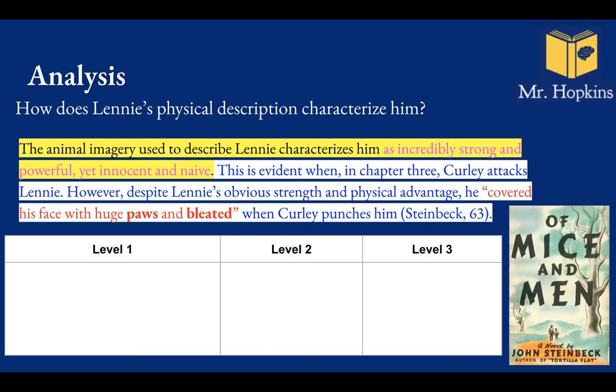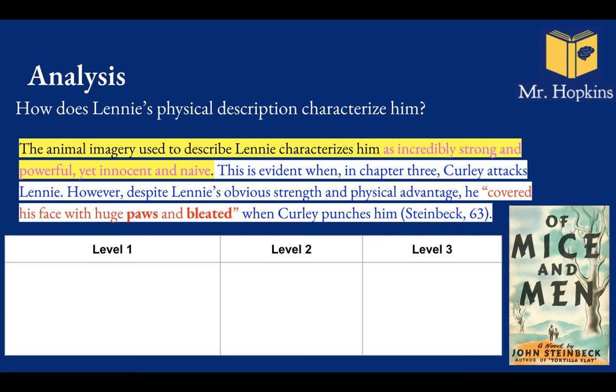This is evident when, in chapter 3, Curly attacks Lenny. However, despite Lenny's obvious strength and physical advantage, he covered his face with huge paws and bleated when Curly punches him. Now, when you think of the word huge paws, what comes to mind? Well, paws, I know, like wolves have paws, dogs have paws, bears have paws. They're also huge, so a bear comes to my mind.